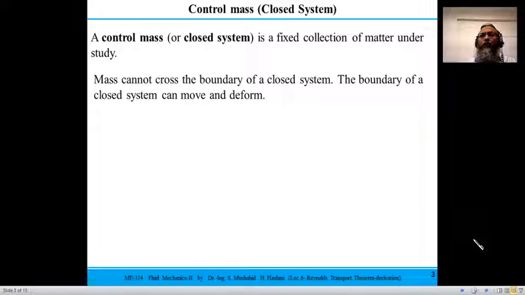So in control mass approach, mass cannot cross the boundary of the closed system, so we are only talking about the same mass, the same entity of mass all the time.